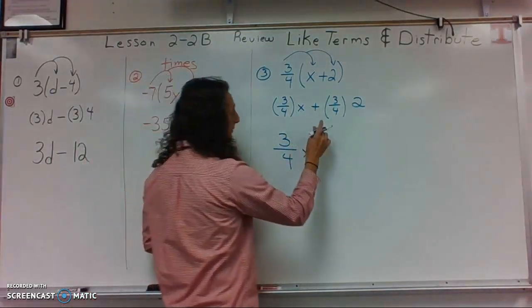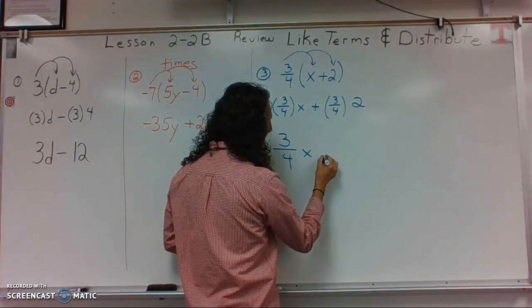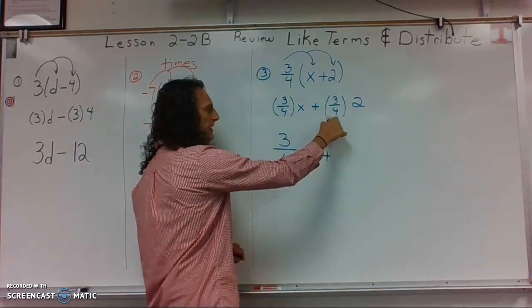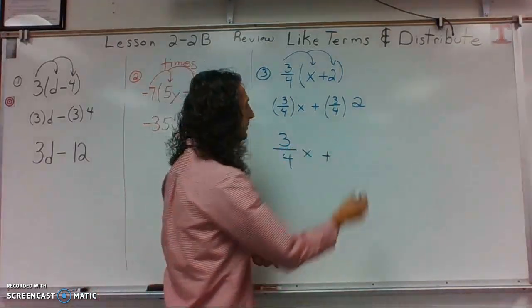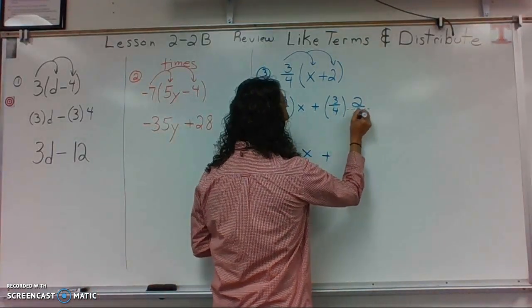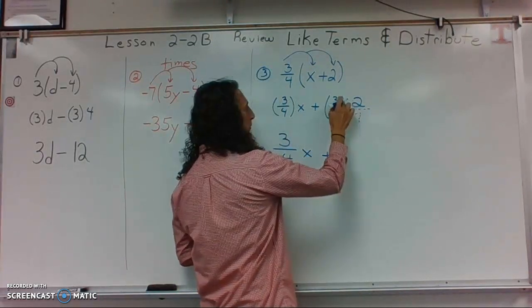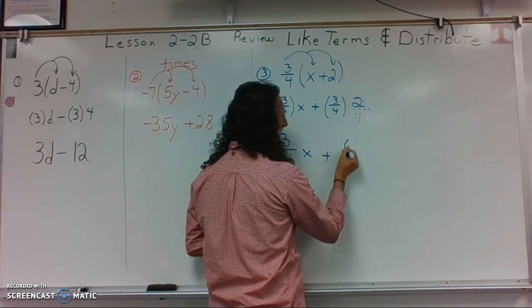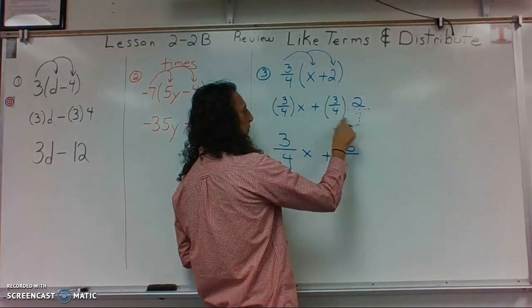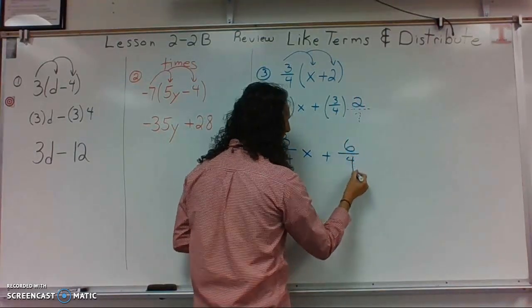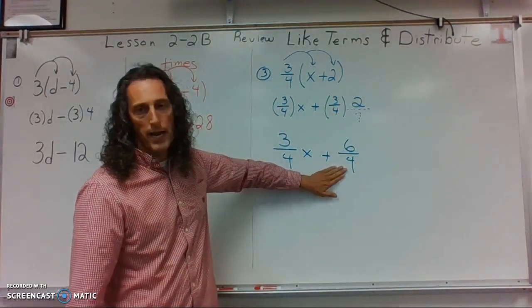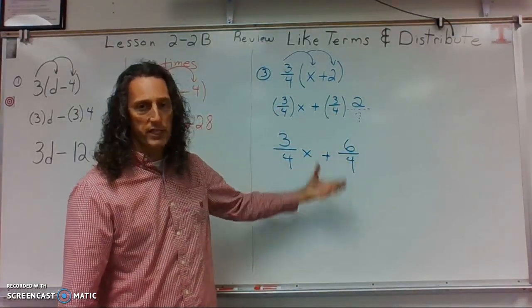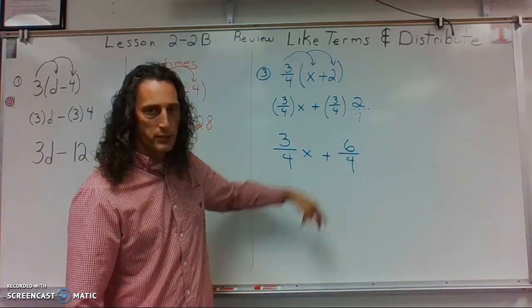And then we're going to still have a plus sign. And then this, remember, this is multiplying fractions. It's not hard. All you have to do is put that invisible 1. You go 3 times 2, and I get 6. And I go 4 times 1, and I get 4. Right? Now what I would do is, you can type this into your calculator, and it will reduce it or make it smaller because I can divide both of these by 2.